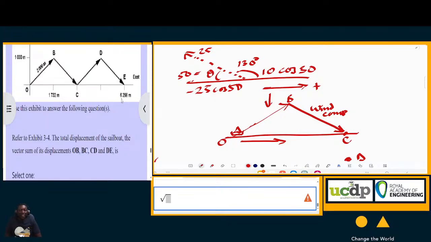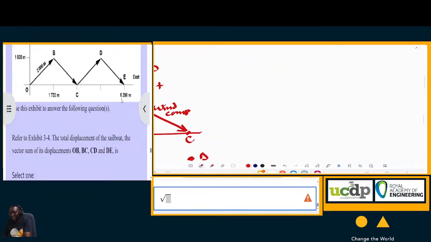I think it's 8,000 because I added the distance between O and B, B and C, C, D, D, E, and then it gave me 8,000. So you're adding 2,000 plus 2,000 plus 2,000 plus 2,000. Yes, sir.